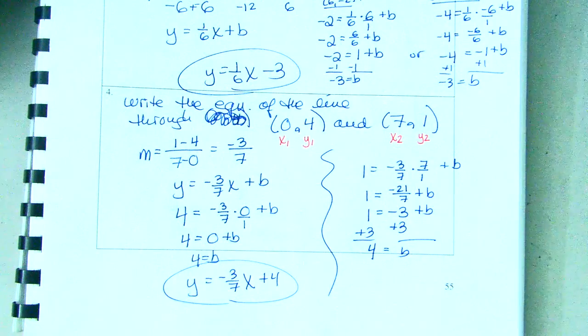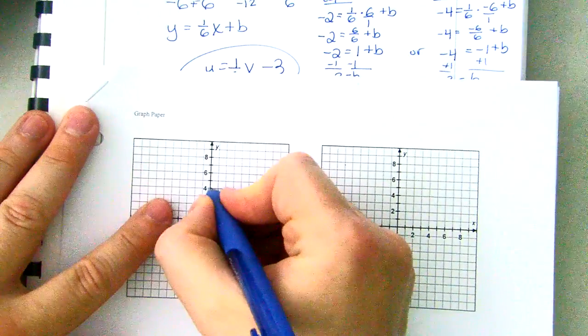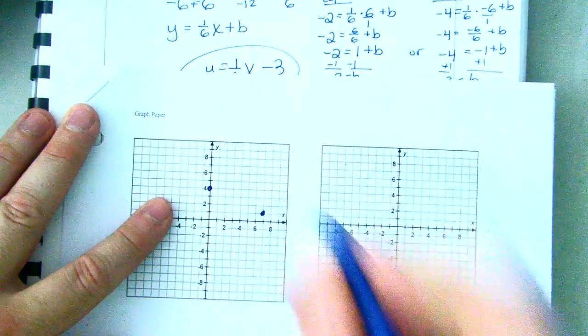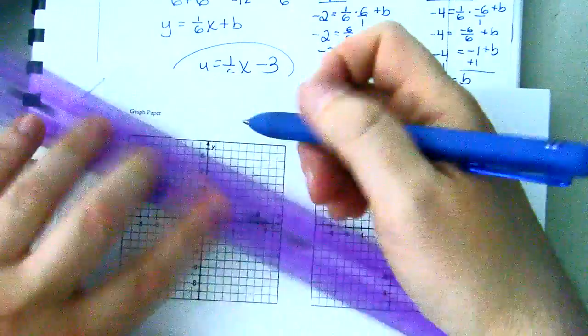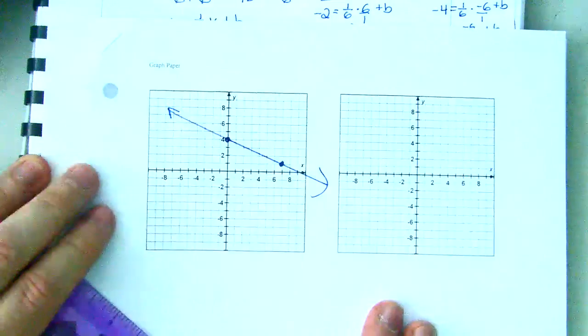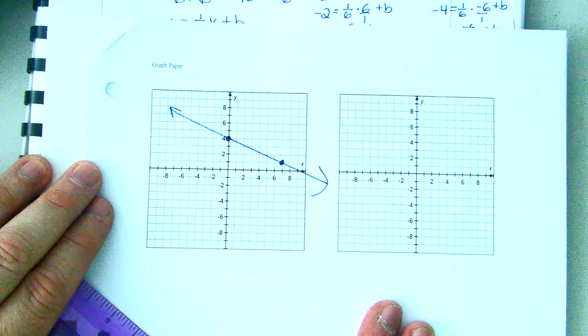Let me show you something. I've got some graph paper over here. That original problem that I gave you, 0, 4 and 7, 1. If I graph those points, what's your y-intercept? 4.